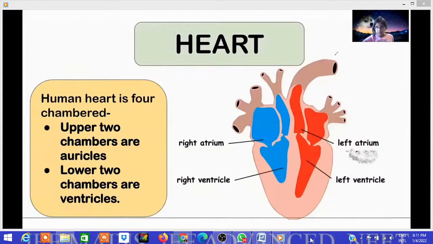And what about the lower two chambers of the heart? Ventricles. Very nice. Right? This auricle is different. And the lower two chambers are called ventricles.